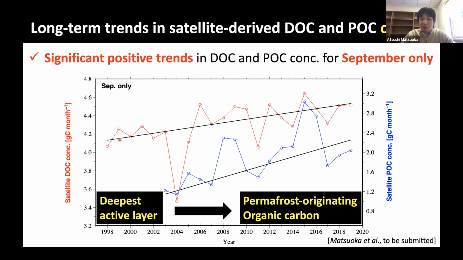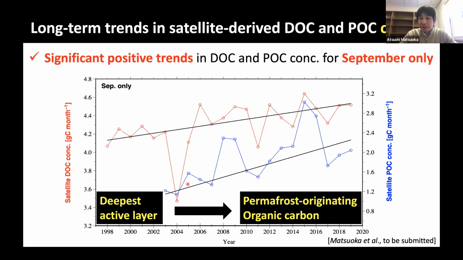POC reflects rather complex processes, including physical weathering, chemical photooxidation, or microbial degradation by marine microbes, so the clear trend is less detectable. However, we observe a very significant positive trend even in DOC, which is very remarkable.